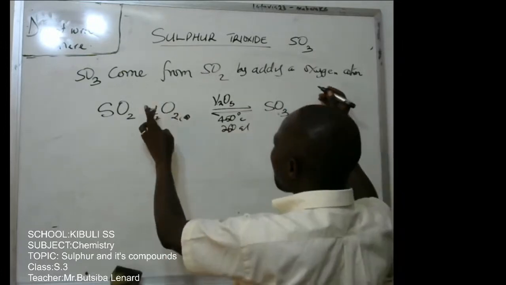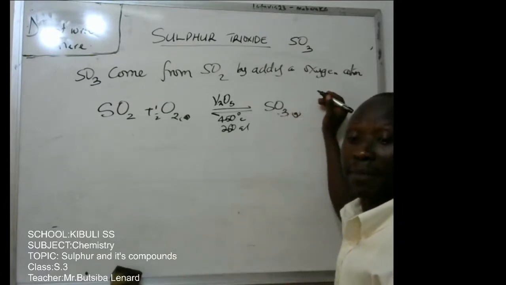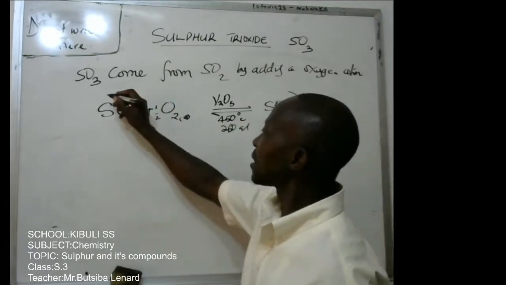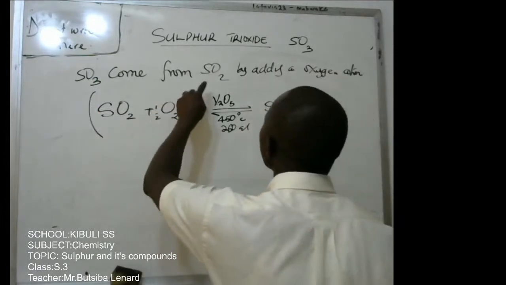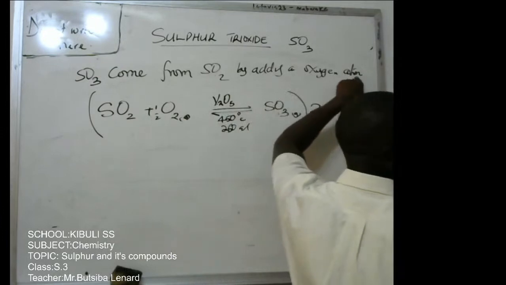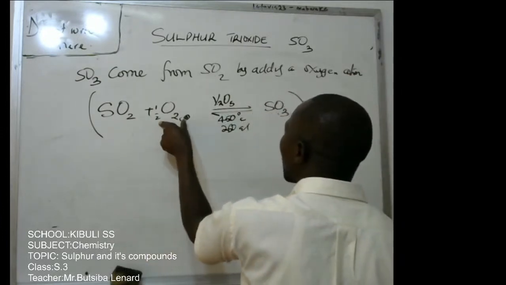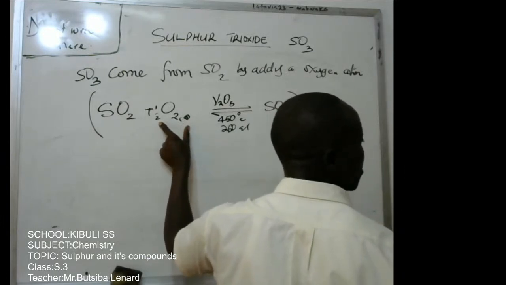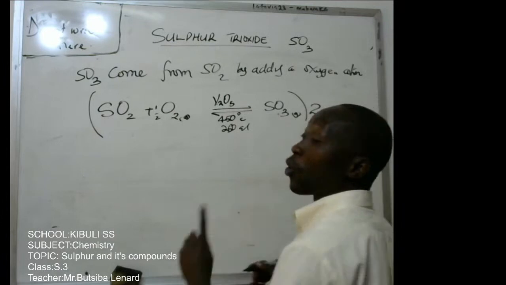If you are uncomfortable with the fractions, convert this into whole numbers. Therefore, I multiply the whole equation by 2. Because I said we shall add an oxygen atom, and an oxygen atom is gotten when you take an oxygen molecule, which has 2 atoms, and divide by 2. If you don't want a fraction, you're going to add an oxygen molecule.